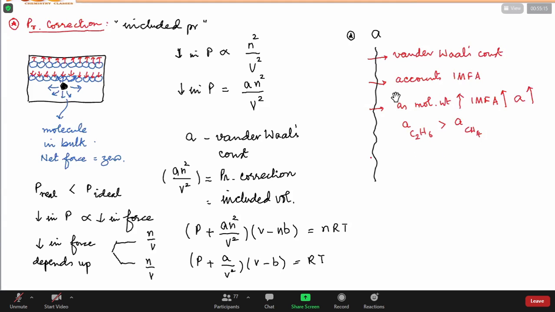Very good. Next, you are saying sir, it depends upon molecular weight. It also depends upon the intermolecular force of attraction. Is any other factor there? For example, see here, A for ammonia, molecular weight 17, and A for nitrogen, molecular weight 28. Which symbol should I write? Very simple sir, you should say A for ammonia is less than A for nitrogen.